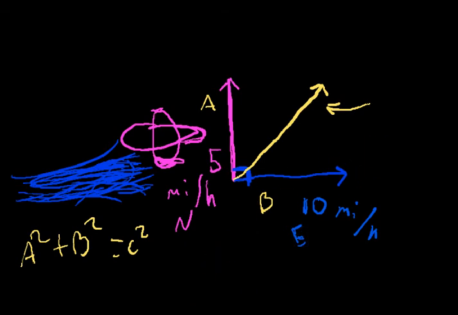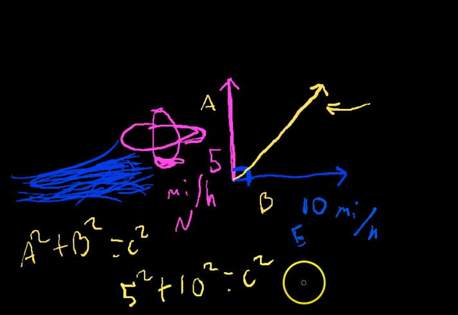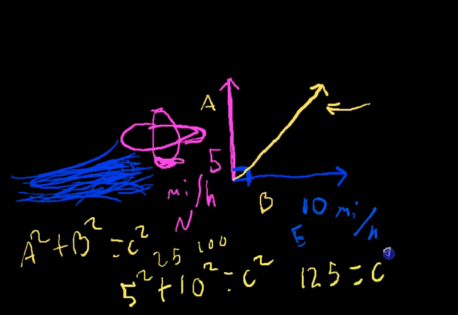So now we'll go back to our little Pythagorean theorem here, and we plug in numbers. We take 5 squared plus 10 squared is equal to c squared, and we get 25 plus 100, so it's 125 is equal to c squared. This is the c term here, this guy, but we don't want c squared, we want c, so pretty easy to solve for that.